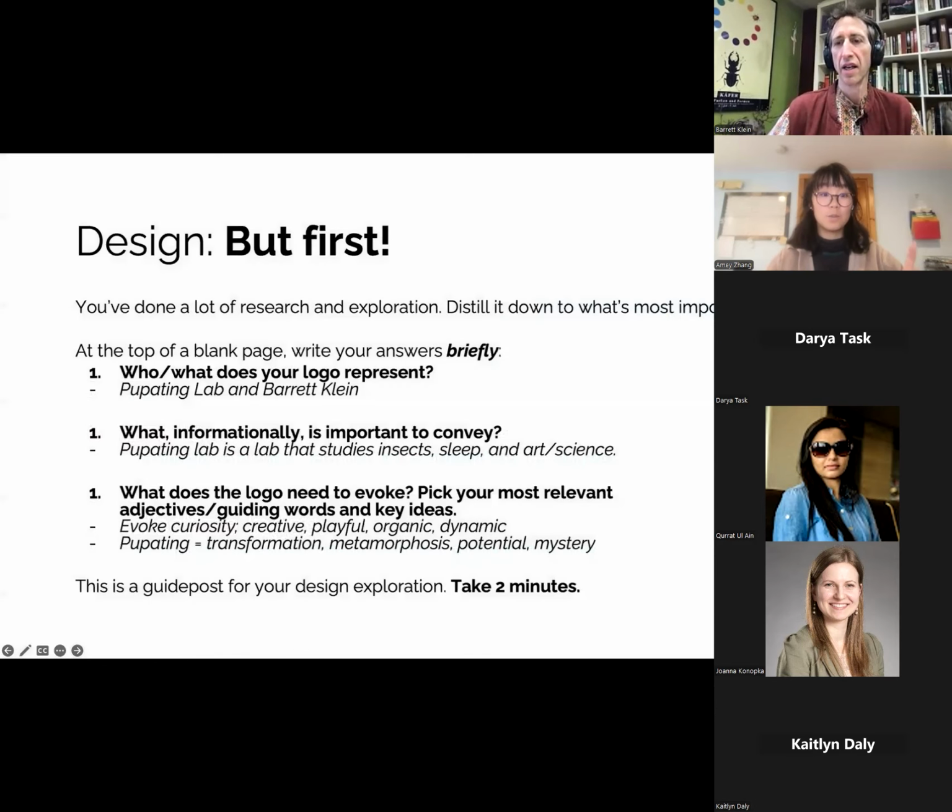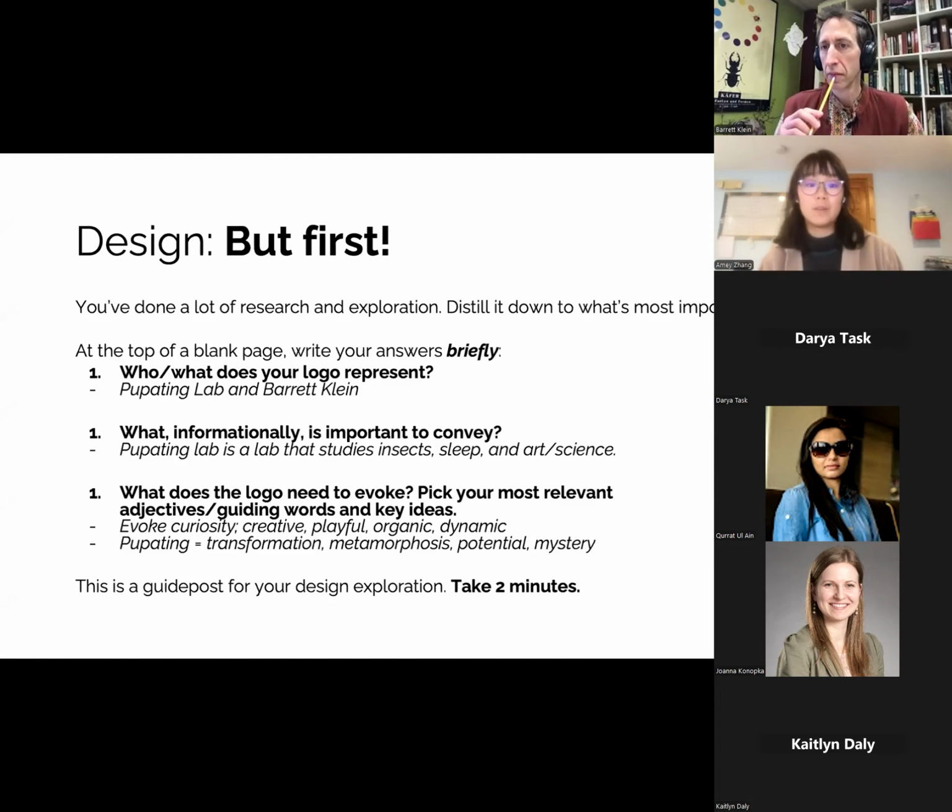Before we move on into generating real images and thinking about design, I would love for you guys to take 2 minutes to revisit what you've done in the previous section and to distill it down to what you feel is most important. That can be a moving target. So what you're doing right now is planting yourself a guidepost of your priorities. You may move that guidepost later on if you decide something is different, but be clear about it.